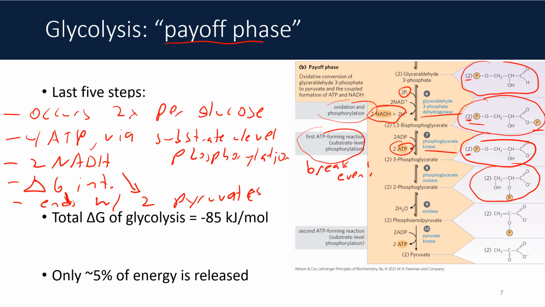The 9th step, we will use enolase. And that is going to convert 2-phosphoglycerate into a very high energy, very unstable phosphoenolpyruvate.